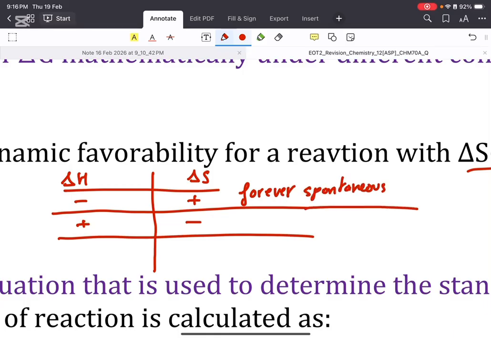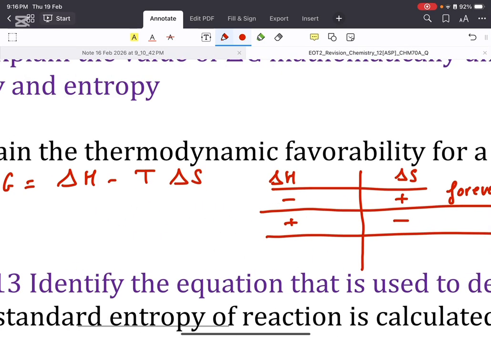No matter what the temperature is, delta G is always going to be negative. If you plug a negative value here and a positive value, the answer is always negative.